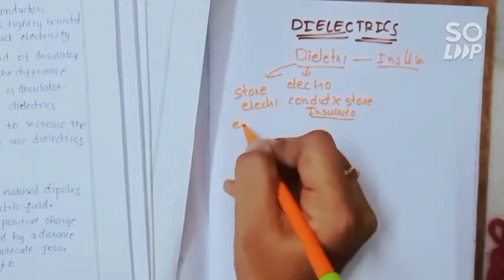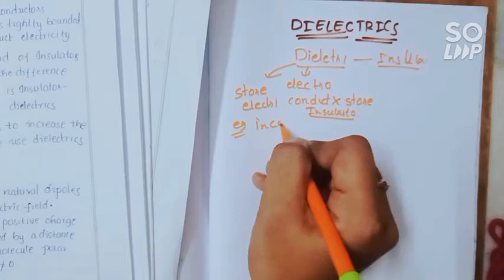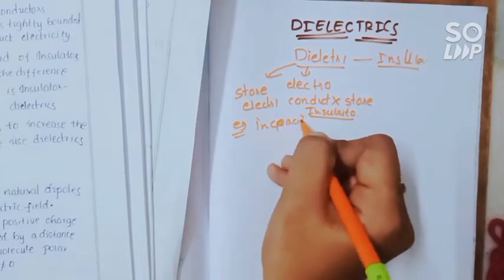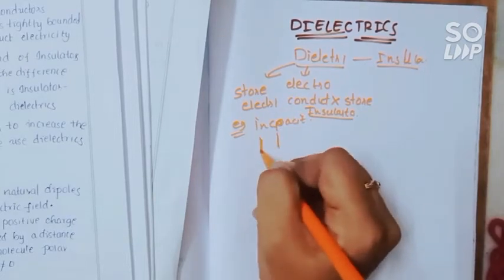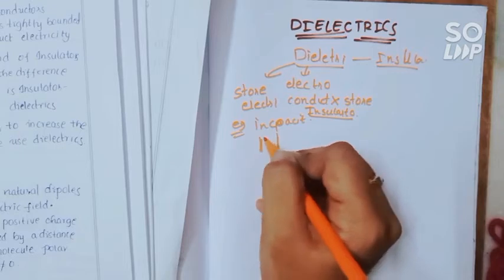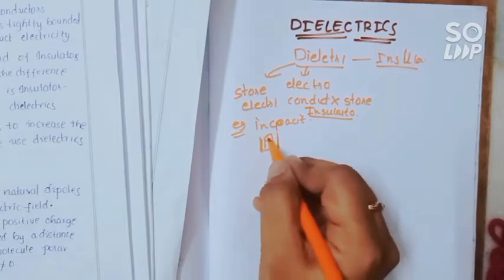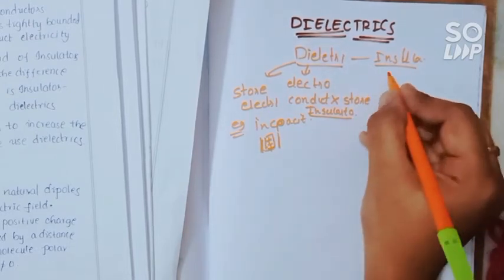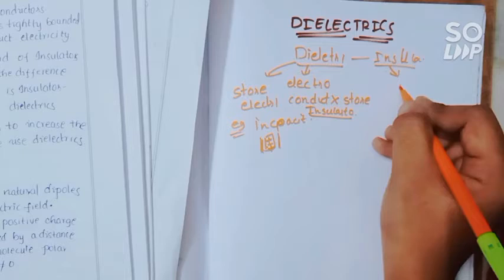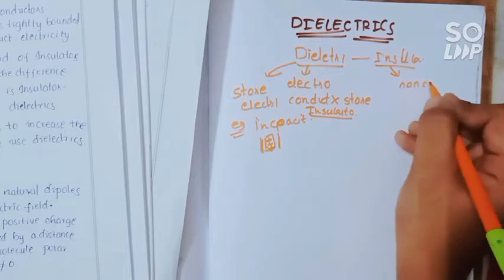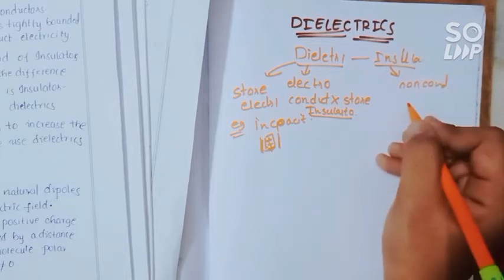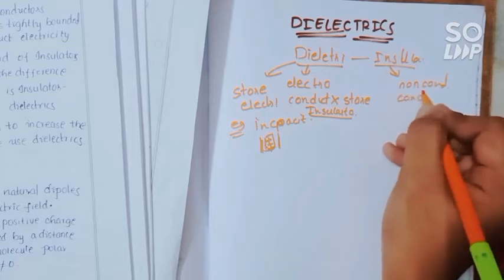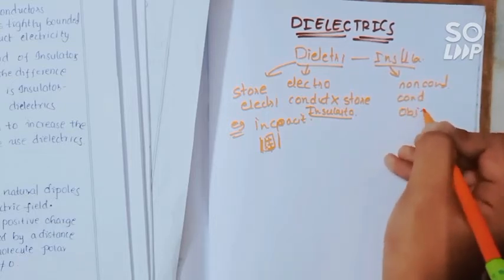For example, in a capacitor, we store the electric charge between the plates of the capacitor. The dielectric is placed in between, and it will store the charge. An insulator is a non-conductor, not a good conductor of electricity, and it obstructs the current of electricity.